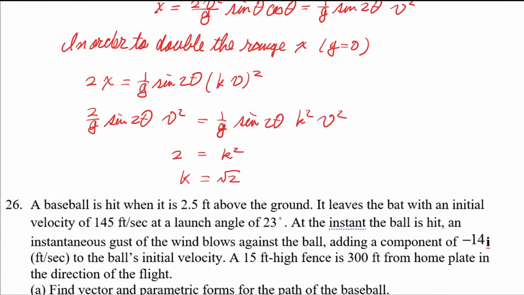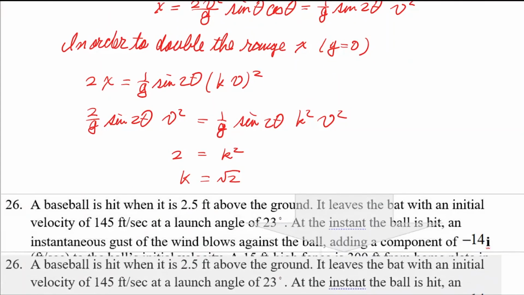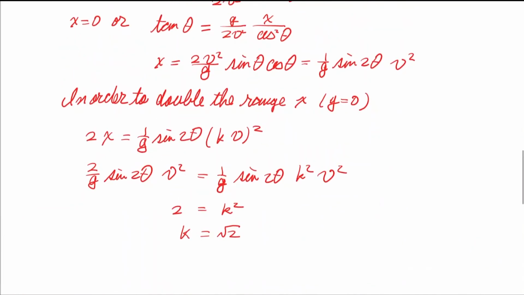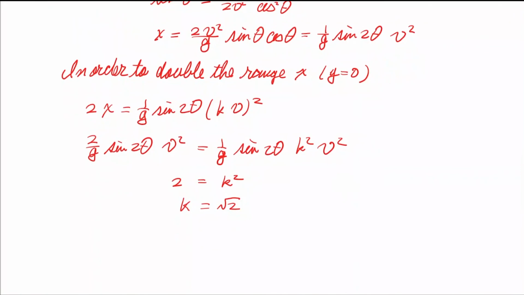You get it? So if we plug in here, instead of v, if we put this in as an input, then what that gives us is 1 over g, sine 2 theta, and then square root 2 v squared, right?